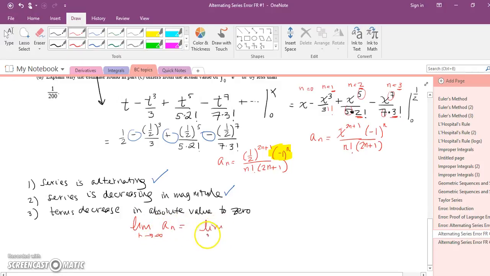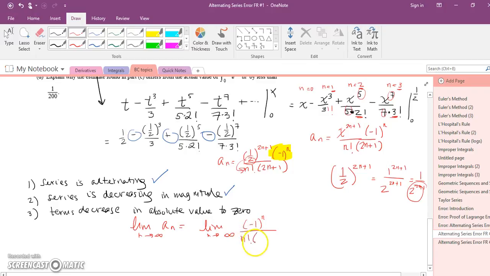That'd be the limit as n goes to infinity of, now 1/2 to the 2n plus 1 is really just 1 to the 2n plus 1 over 2 to the 2n plus 1. Now 1 to the 2n plus 1 is going to be 1 over 2 to the 2n plus 1. I'm going to kick this guy into the denominator here when I write this. So the only thing in my numerator is my sign changer.